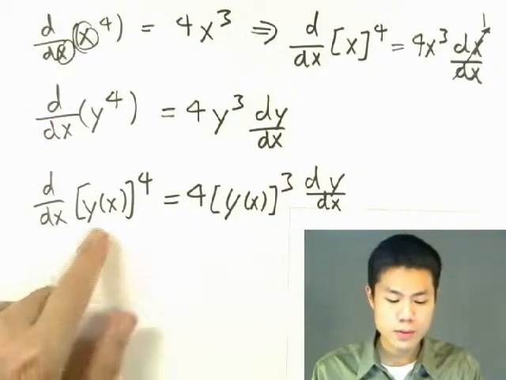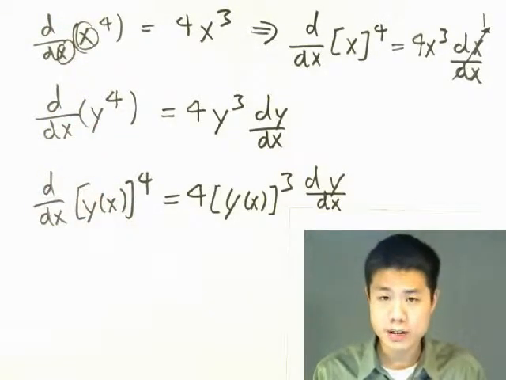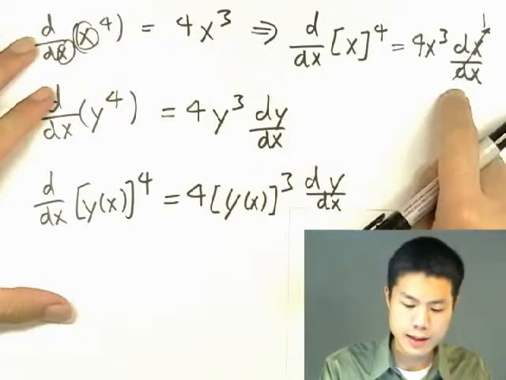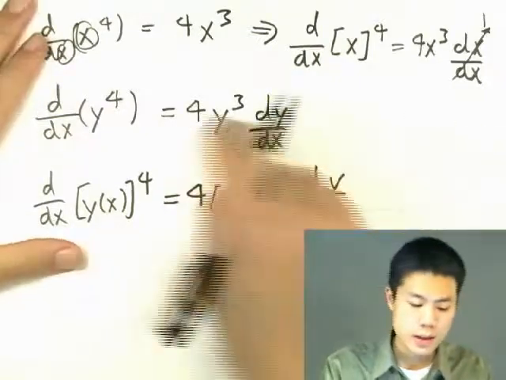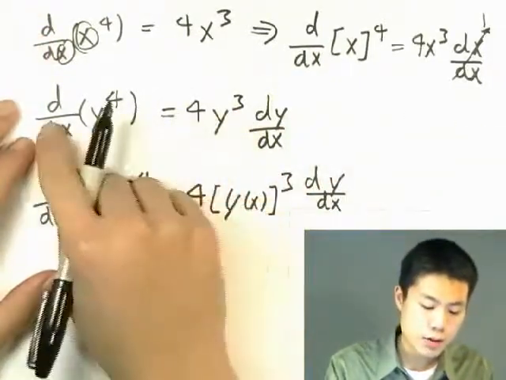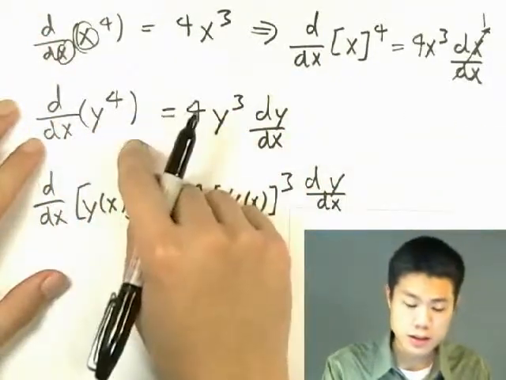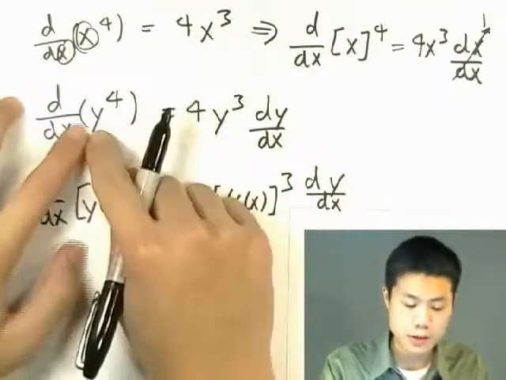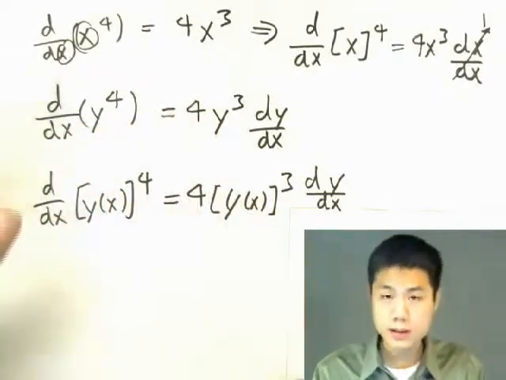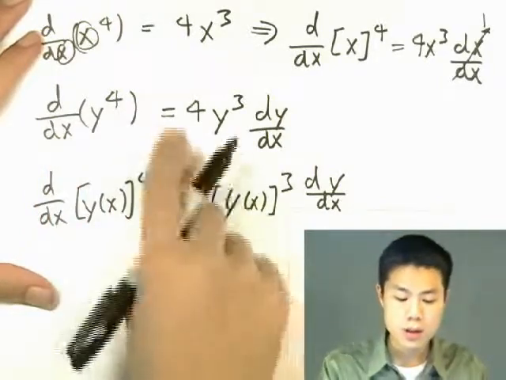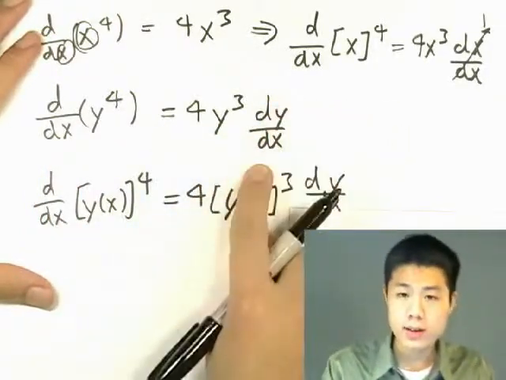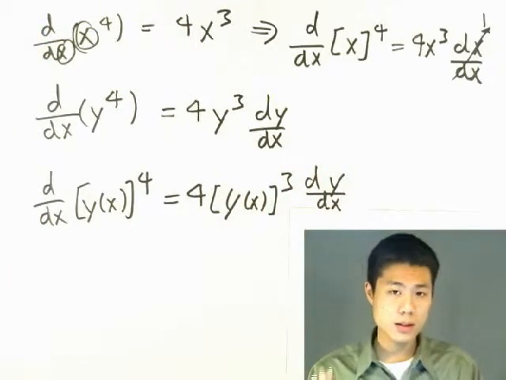We do have somewhat of a chain rule here, but the thing is that dx over dx disappears. But if we're taking the derivative of some other function that's not in terms of x, but in terms of another variable, we can also still take it with respect to x. However, we have to remember that we have to include this term in the end. So, do you follow me here?